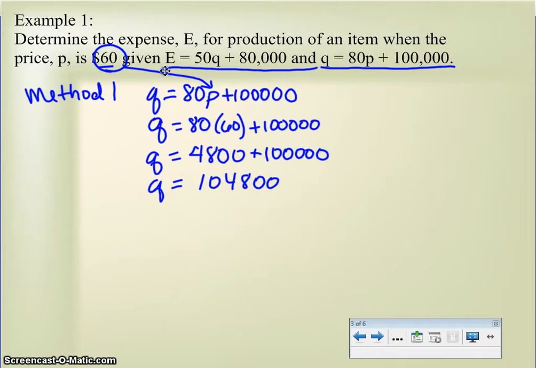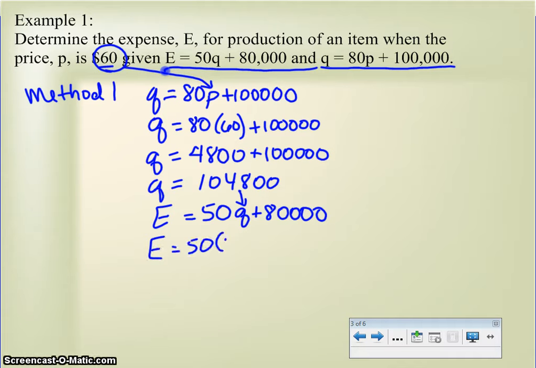All right, now that we have that, we're going to plug it into our expense equation, which is E equals 50 times Q plus the 80,000. So we're going to plug our value of Q that we just found in, and we get E equals 50 times 104,800 plus the 80,000.